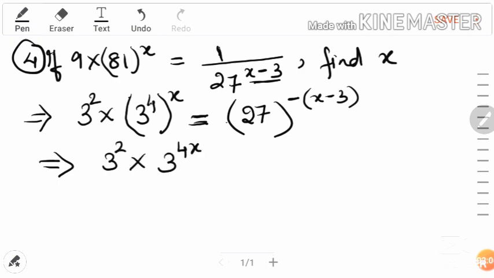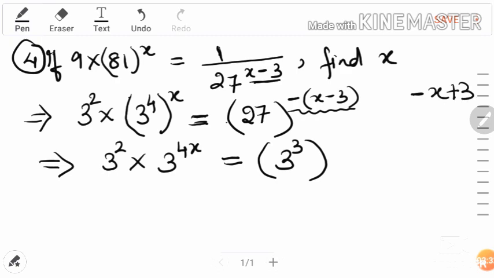A to the power m to the power n is a to the power m into n, equal to 27 can be written as (3 to the power 3) whole to the power. Now we will simplify this term which is having a minus sign. So opening the brackets, I will get minus x plus 3, which I will write as 3 minus x.